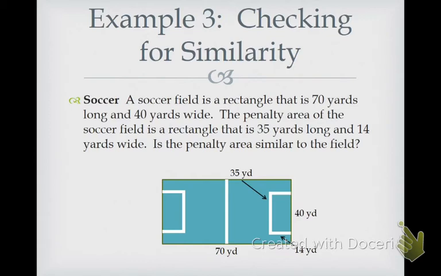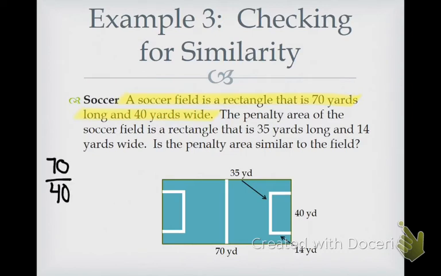Again, I need to set up a proportion. Reread the first sentence and set up a ratio that would represent the soccer field. Anybody have an idea? 70 over 40. I just do it how I read it, 70 over 40.